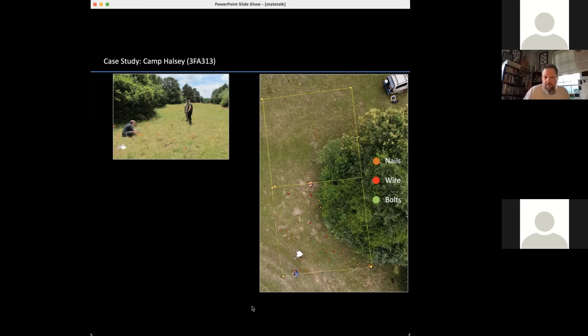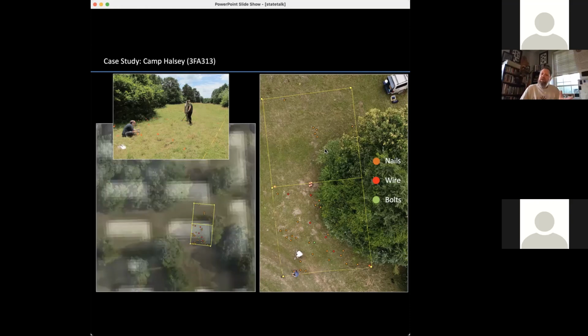So we've got this one grid, two grids actually. So we've got some nails and some wire, and bolts is plural, but there's just one bolt there, okay? And when we then put this over the top of the historic aerial imagery and this overlay, these concentrations of nails, wires, and bolts directly correspond to the location of these former buildings, okay?